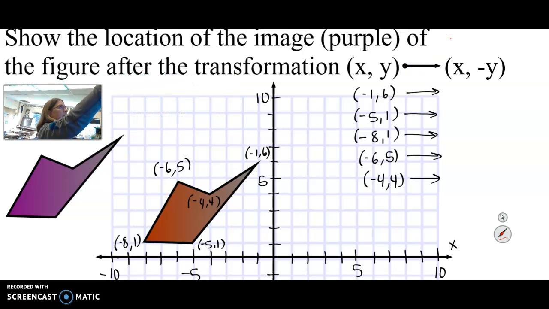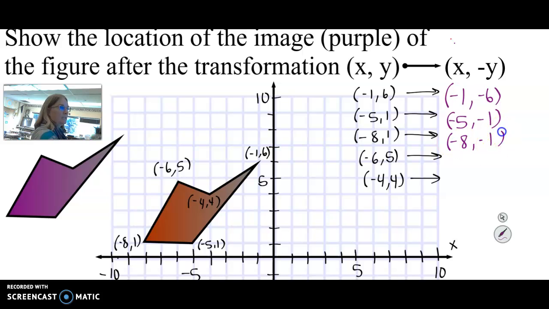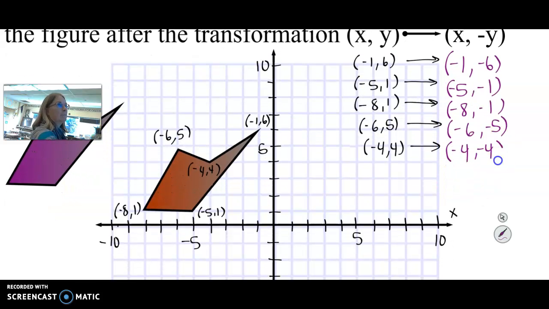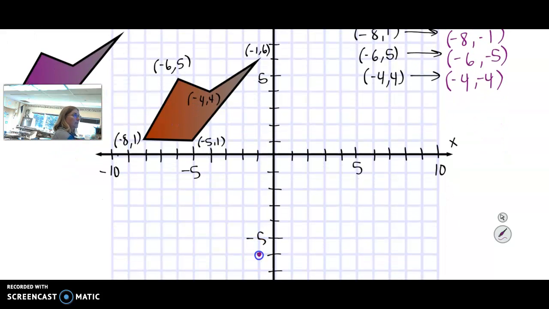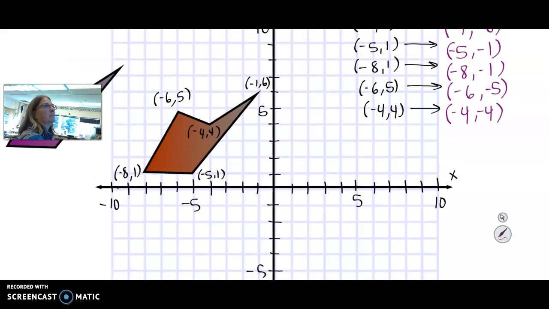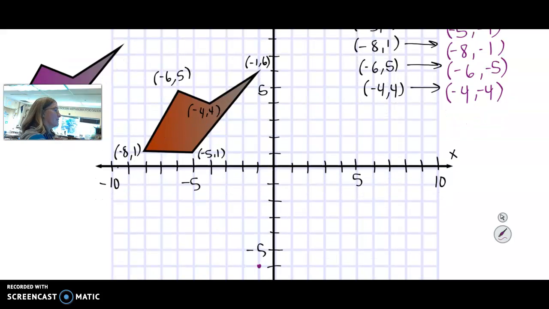We'll go purple here. -1, 6, if you perform this transformation, is going to stay -1, but then the y-coordinate will become -6. -5, 1 is going to become -5, -1. -8, -1. -6, -5, and -4, -4. So if I plot those, -1, -6 is down here. The next point is -5, -1.